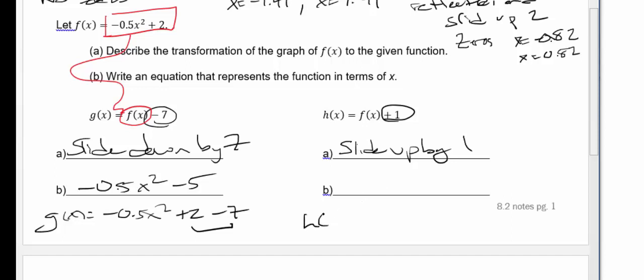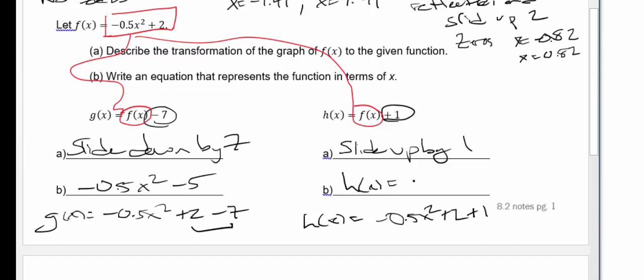And just as before, I think we can come up with what this equation is by taking f and substituting it in, and then just adding 1 to the rule. Negative 0.5x squared plus 2, then I add 1 more. So I think h of x is negative 0.5x squared plus 3, because 3 is 1 more than 2.